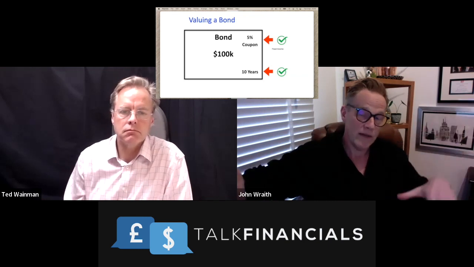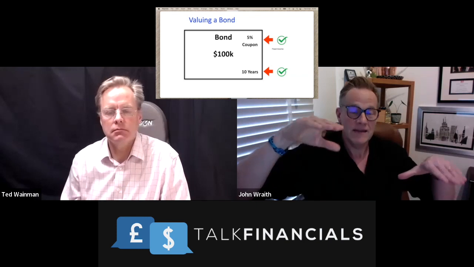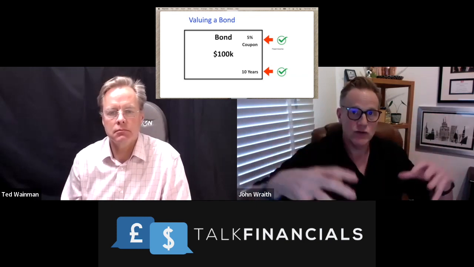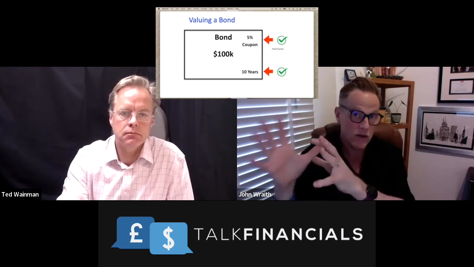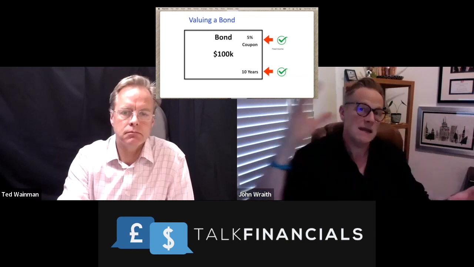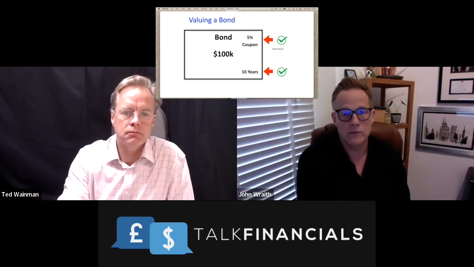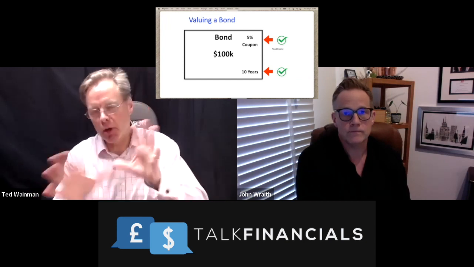So that's why the price has to move around, so that the coupon effectively is turned into a yield. You get a total return on your investment, which is the coupon plus the difference between the price you pay today and the money that you get back when the bond matures. And it's obviously a very complicated calculation, John, and that's why we're using Bloomberg.